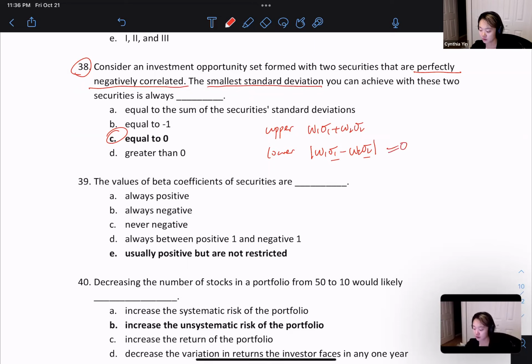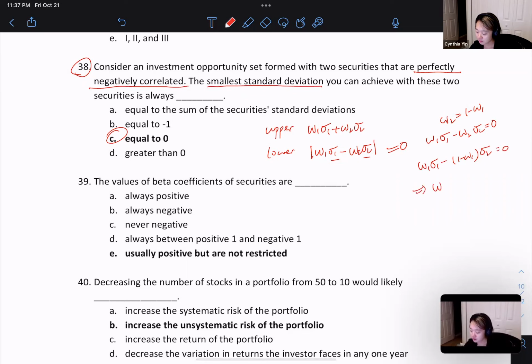How to do that? Just make W1 sigma 1 minus W2 sigma 2 equal to 0. And because W2 equals 1 minus W1, right? So W1 sigma 1 minus (1 minus W1) times sigma 2 equals 0. It is W1 sigma 1 minus sigma 2 plus W1 sigma 2 equals 0. So W1 equals sigma 2 divided by (sigma 1 plus sigma 2).